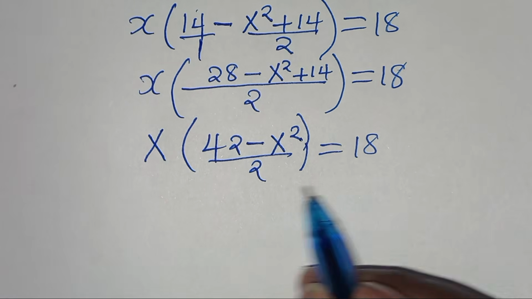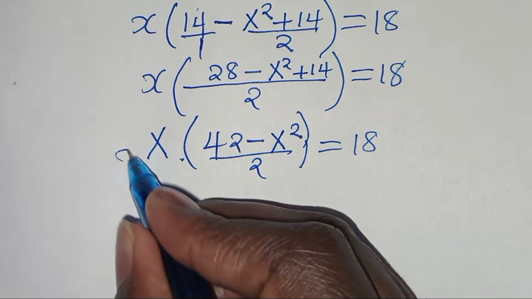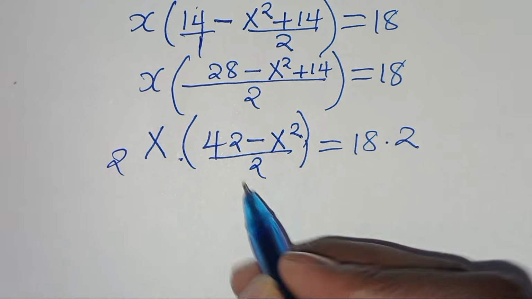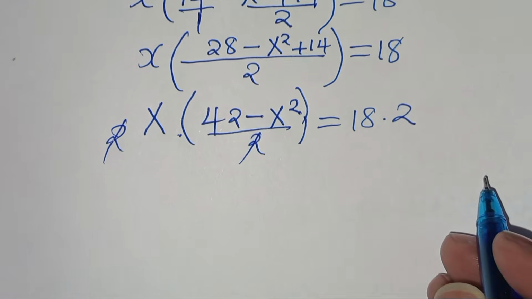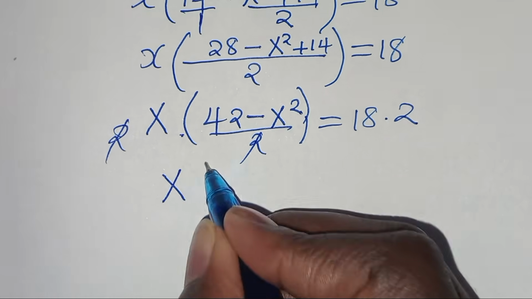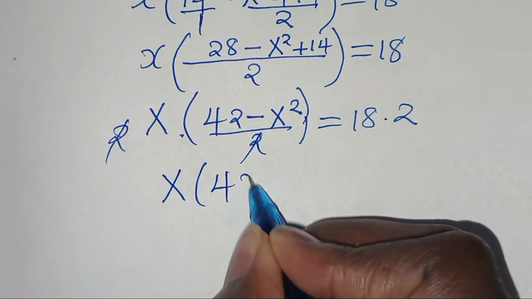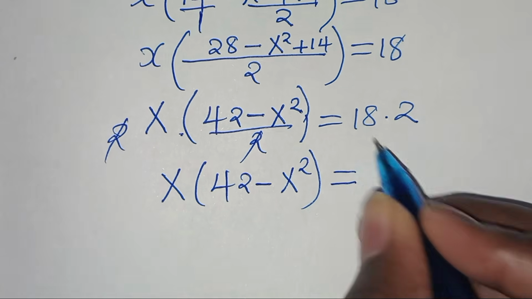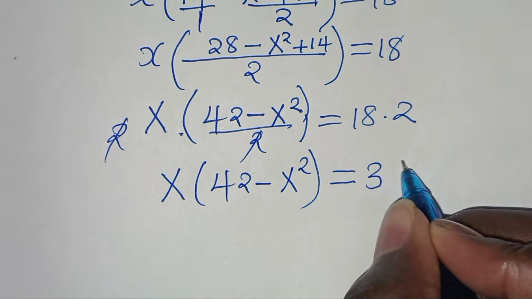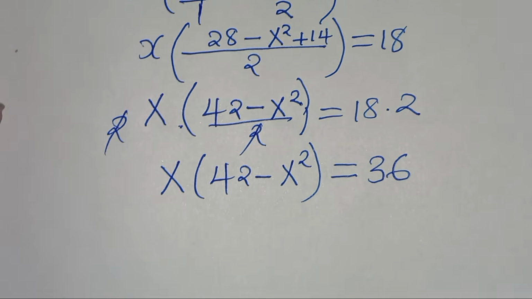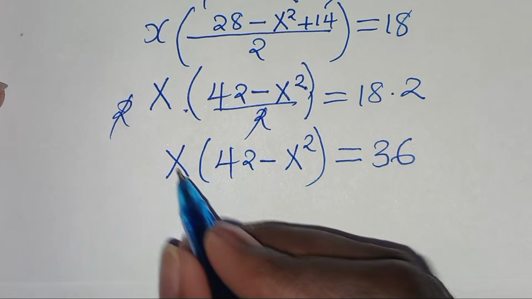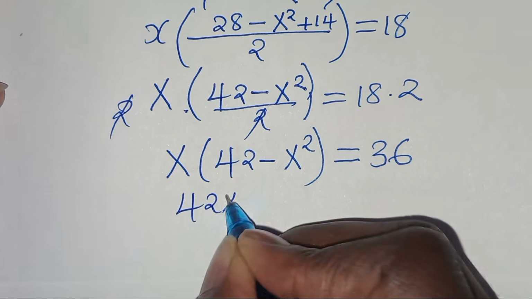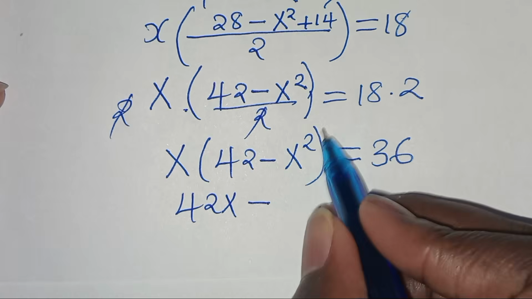Now, let's multiply both sides by 2 so that 2 and 2 here simplifies. So we have x into the parentheses. This is 42 minus x to the power of 2. This is equal to 18 times 2, which is 36. 42 times x, this is 42x, minus x times x to the power of 2.